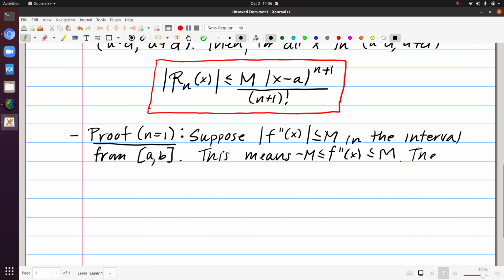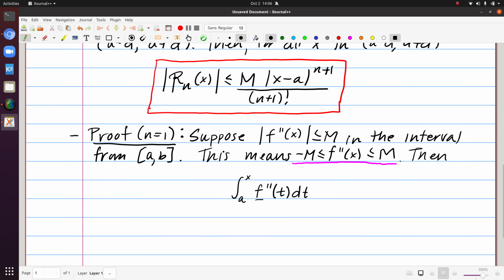Then let's think about how we can take bounds on a function and translate that to a statement of bounds on the integral. This is something we've actually encountered when we look at definite integrals before. So if I were to take the integral from a to x, and my assumption here is x is going to be inside this interval of interest, of the function f double prime of t.